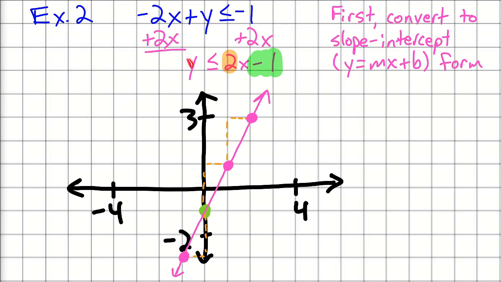Now, because we have our y variable here on the left of our inequality, we can just look at it and say, it's less than or equal to, so that means I shade below. Less than means shade below. So I can grab my highlighter and shade below. Sometimes students have a hard time determining which side is below and which side is above, and here's the way I think about it.